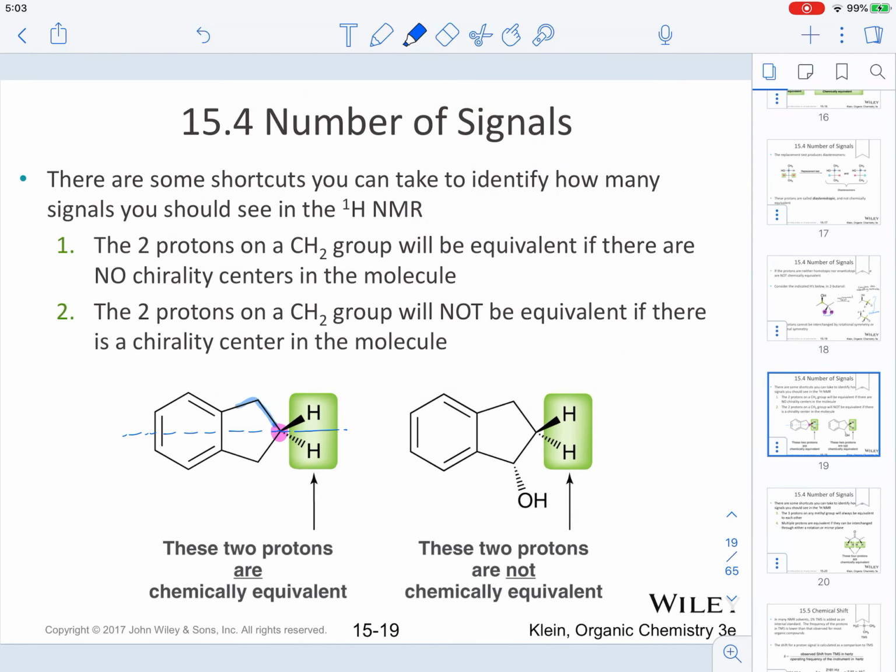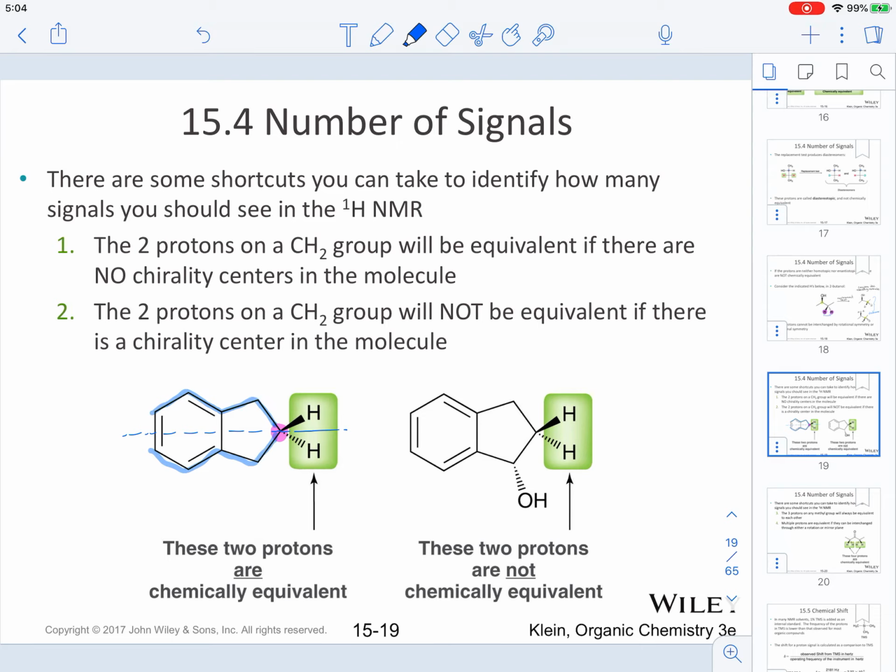As we move along this side of the molecule and this side of the molecule, see that there's no point of difference. So that means that in this molecule, those two protons are going to be chemically equivalent, and specifically they are going to be homotopic, because originally in the molecule, that center doesn't have a chiral center.